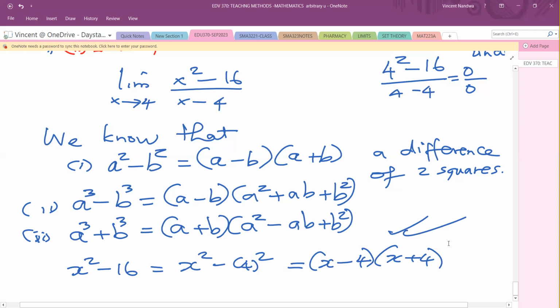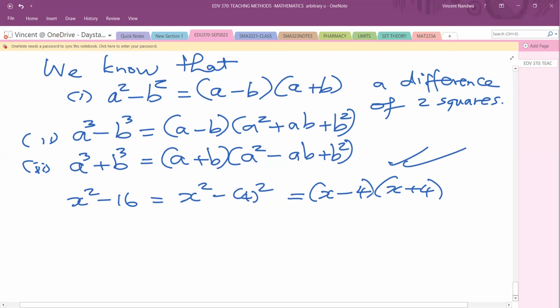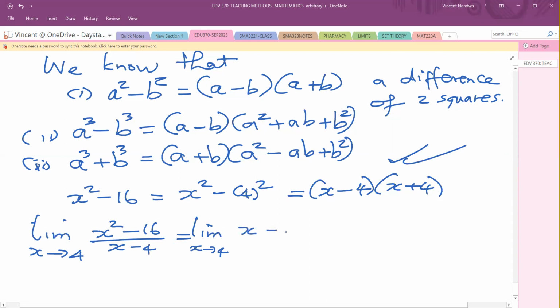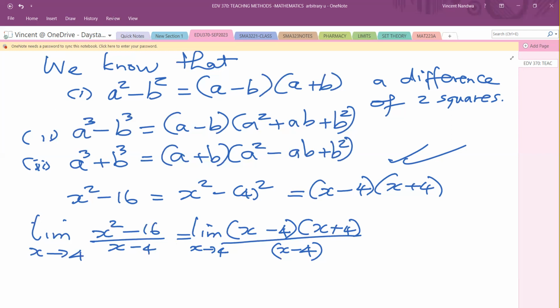So unaandika that the limit as x approaches 4 of x squared minus 16 over x minus 4 is the same as limit as x approaches 4, x minus 4 times x plus 4 divided by x minus 4. Hata kuweka brackets hapa hakuna mistake. Sasa what can you say about those new expressions?